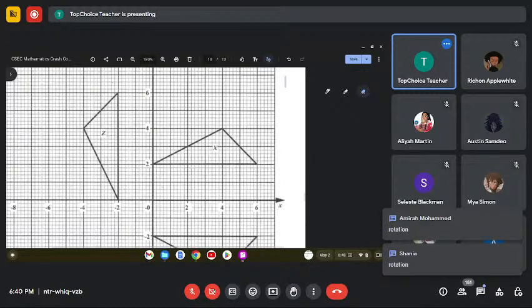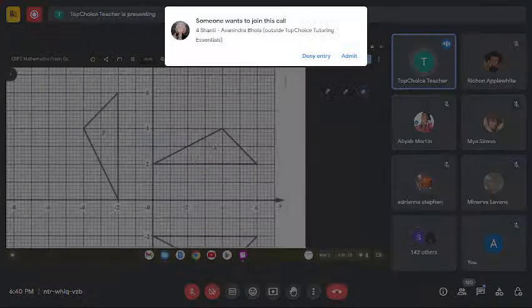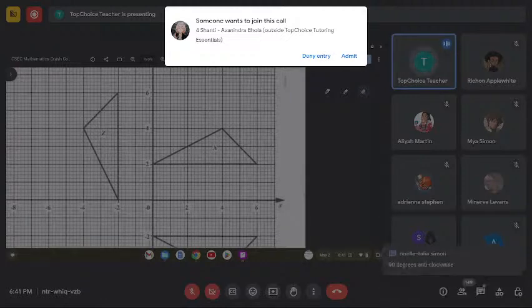It's a rotation. Right, it is going to be a rotation. But you're not going to get your full marks by just saying rotation, because you have to describe this rotation. There are 3 things that you need to put in this description: the angle of the rotation, and you have to rotate about some particular point.